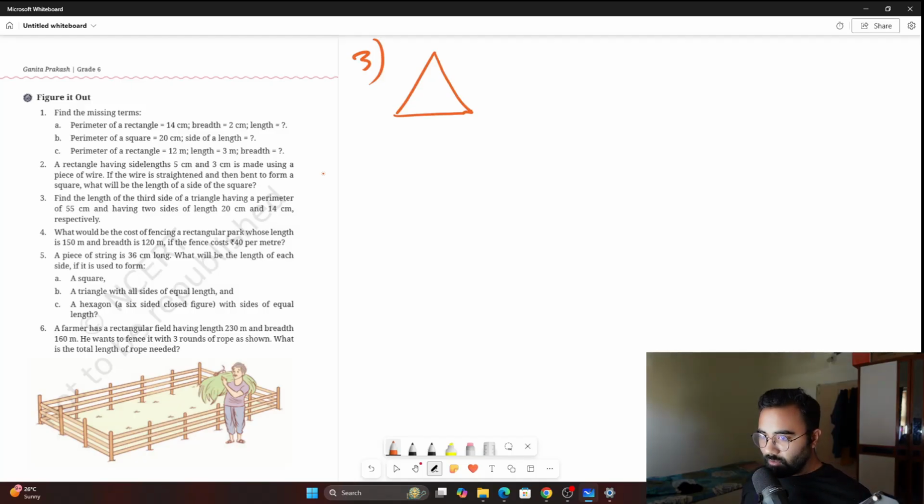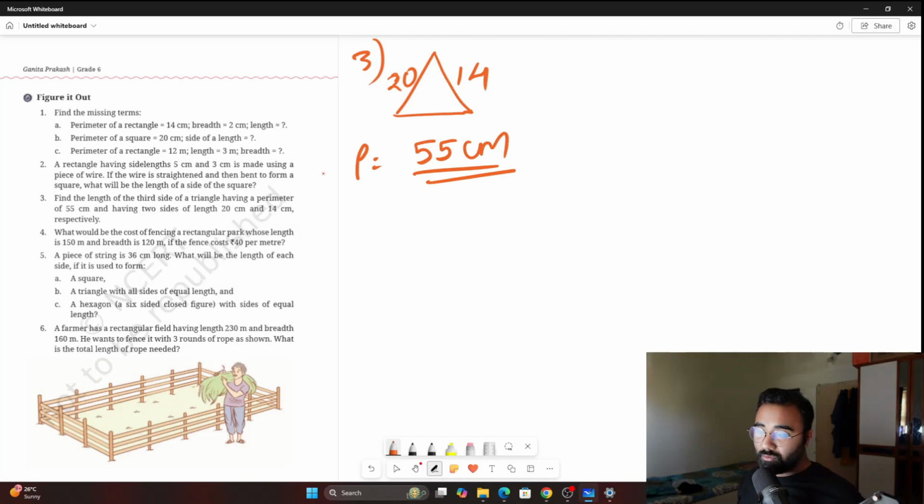So in question number 3, they have said that of the two sides of a triangle, one of them is 20, another one is 14. Now the entire perimeter of the triangle is 55 centimeter. We know from the definition, perimeter is basically the addition of all sides.